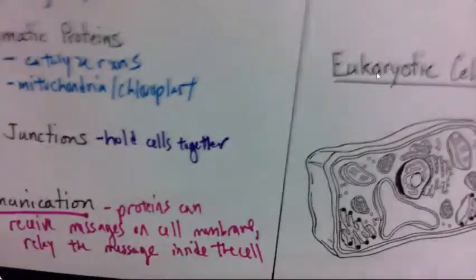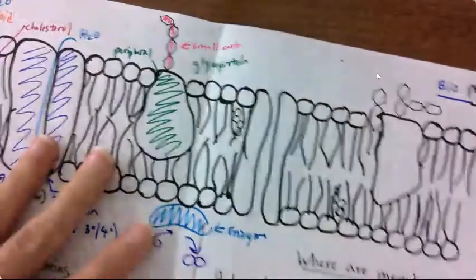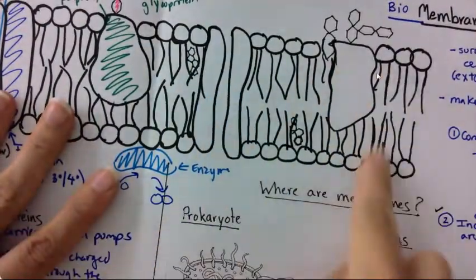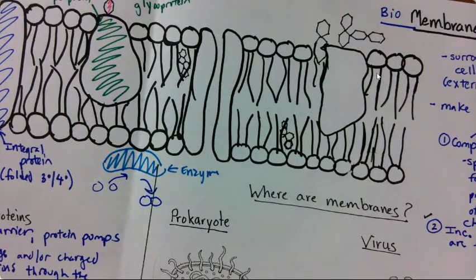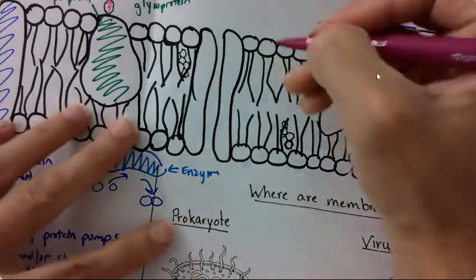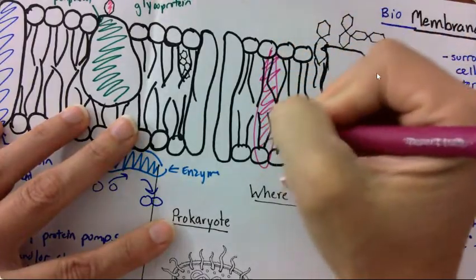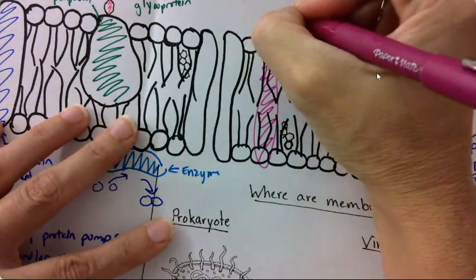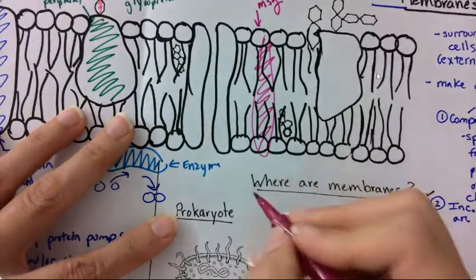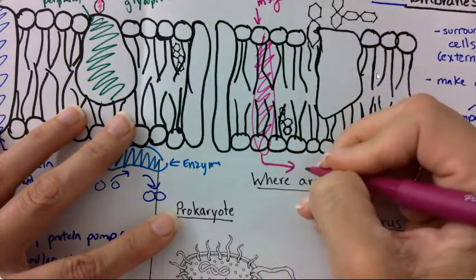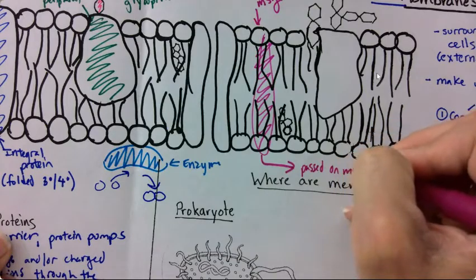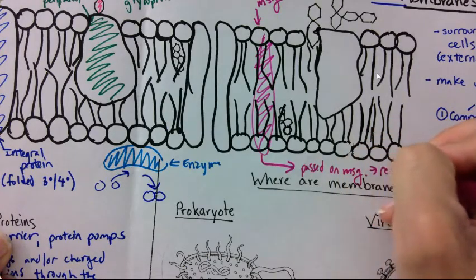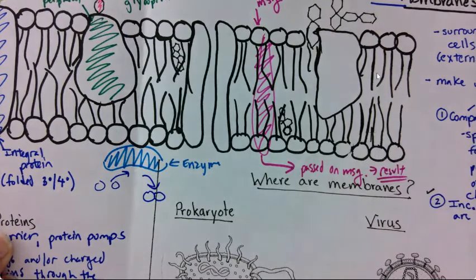So if we look up in this picture, this isn't actually good because this looks like another transport protein. This looks like another glycoprotein. But you could have a protein, I'm just adding another protein in here, and let's say it got a message here. And then it passed on the message inside the cell so you could get a final result, right?